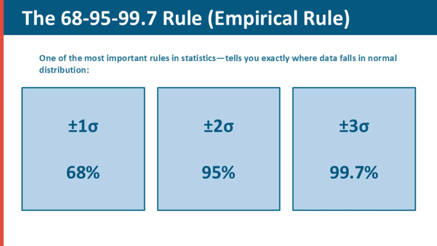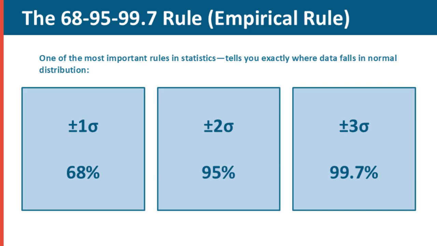Now I want to introduce what I call the most important rule in all of statistics, the 68-95-99.7 rule, which is also known as the empirical rule. This rule tells you exactly where data concentrates in a normal distribution. 68% of the data falls within one standard deviation of the mean.